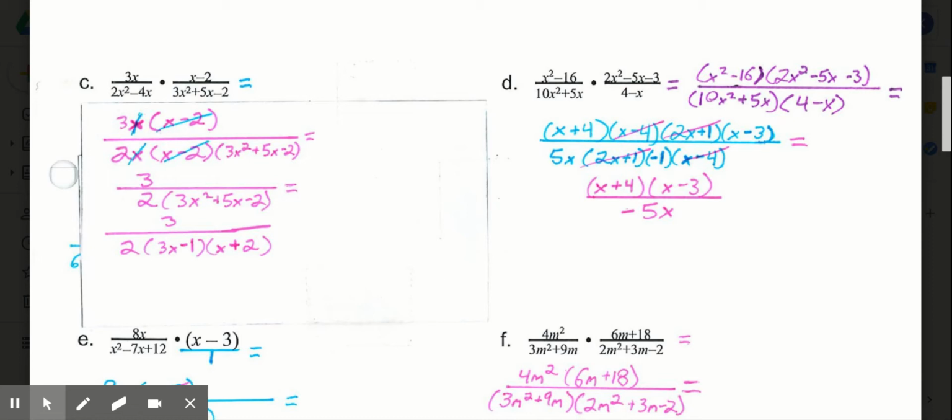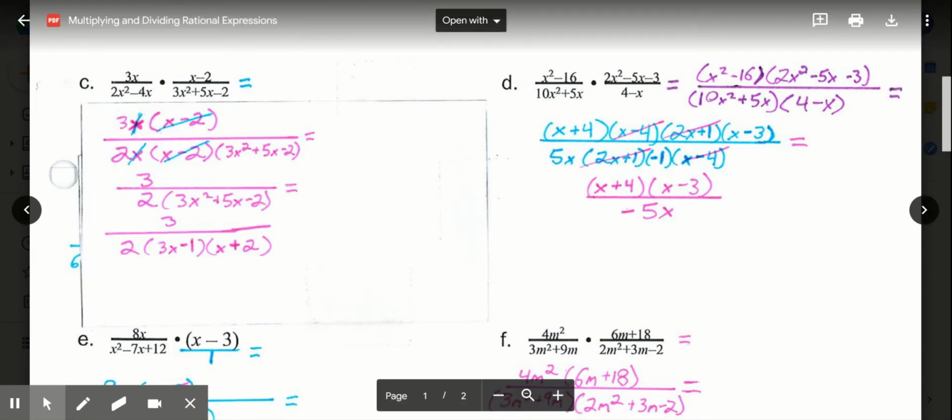On top and bottom, I'm going to write it out as multiplication, meaning 3x times x minus 2 on top. And on bottom, the 2x squared minus 4x can factor to be 2x times x minus 2, because I can divide both parts by 2x.